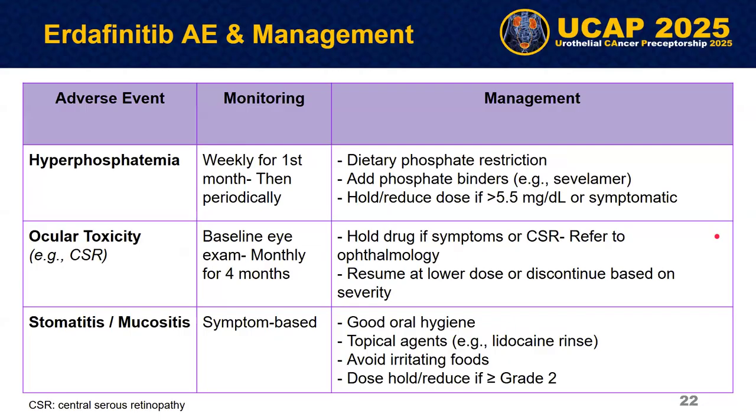Next is ocular toxicity, for example, CSR, central serous retinopathy. These patients will require baseline eye examination and also regular eye examination. And probably you need to refer to ophthalmology if you found this. And you may need to interrupt and also resume at lower dose or permanently discontinue based on the severity.